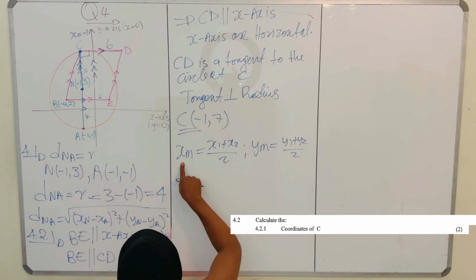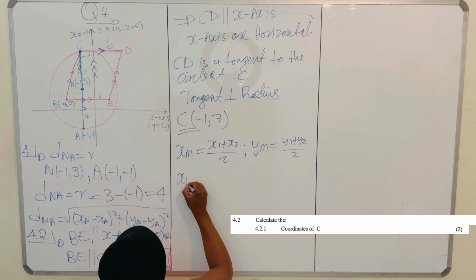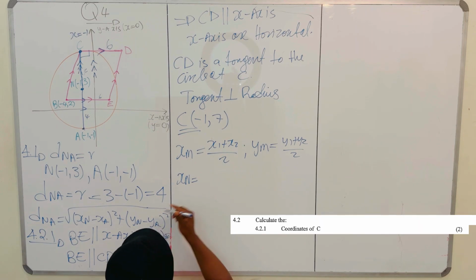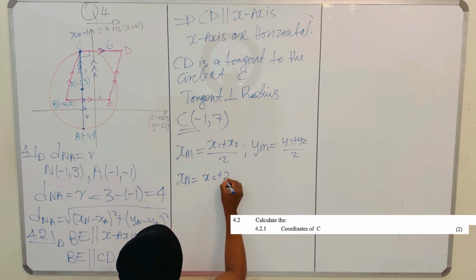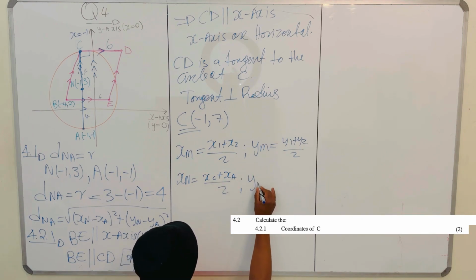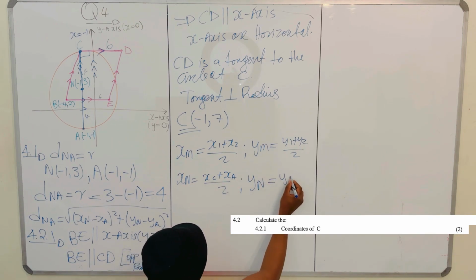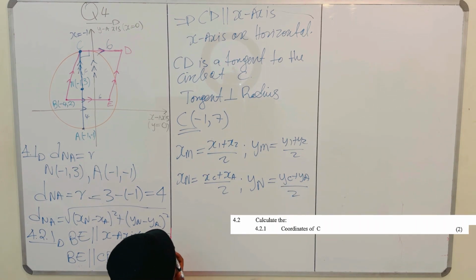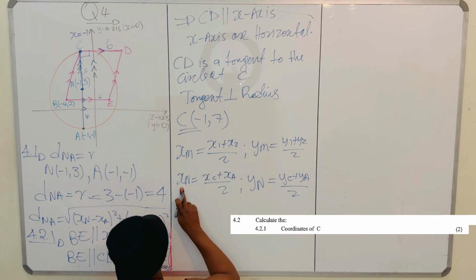But the coordinates that you have are for N. So the x coordinate of N is equal to the x coordinate of C plus the x coordinate of A all over 2, and the y coordinate of N is equal to the y coordinate of C plus the y coordinate of A all divided by 2.